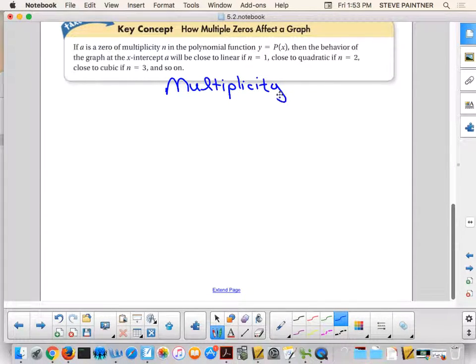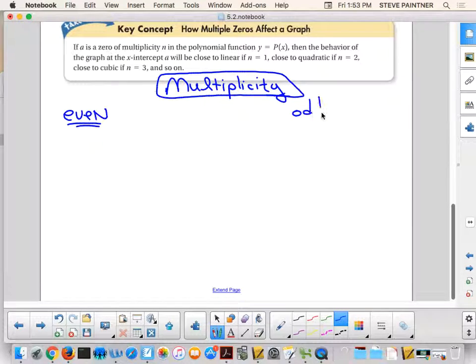Why is it important? Because of this. There are 2 types of multiplicity, even and odd. When you are graphing, I'll ask, is that 0 a multiplicity even or odd? And you'll say, that was odd, and that was even.